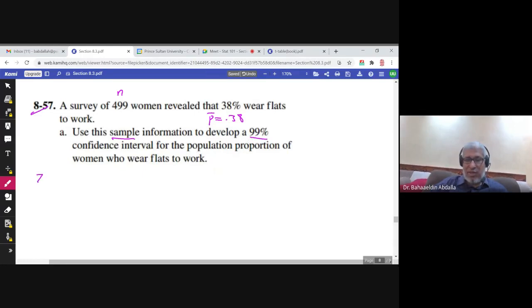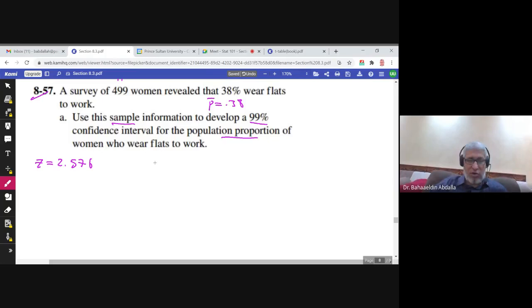We just saw that Z in this case is 2.576 for 99%, for a population proportion of women who wear flats to work. Okay, so what is the definition of the confidence interval? P bar, which is the point estimate, plus or minus Z times the square root of P bar times 1 minus P bar over N, and you just substitute. You have everything. You have P bar, you have Z, and N is 499, so find the confidence interval.